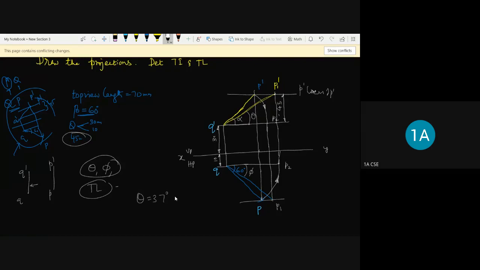Phi is also around 44 degrees, the true length of the line we got is 75 mm, and alpha we got 56 degrees. So if you do it accurately, then you will get exactly. So use the sheets, either graph sheets or sketch sheets.